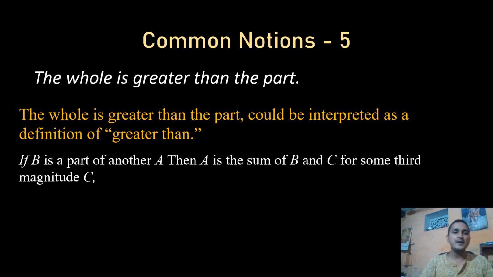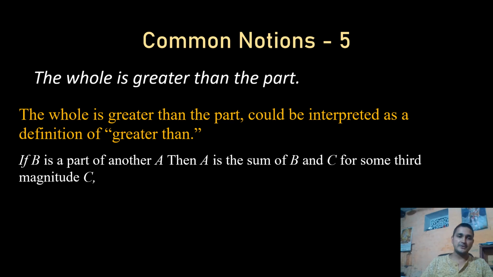Geometrically, if we consider a rectangle equal to a square and a small rectangle, then that particular rectangle is greater than the square and also greater than the small rectangle.